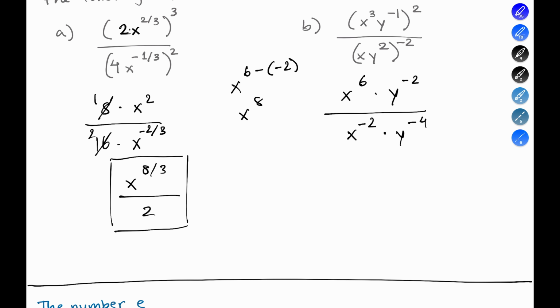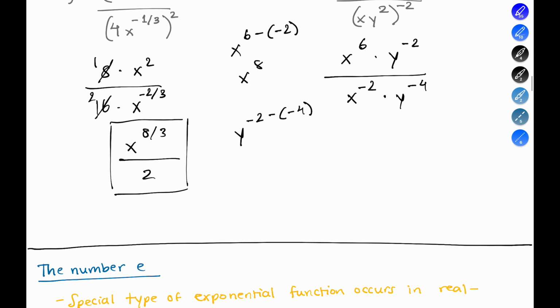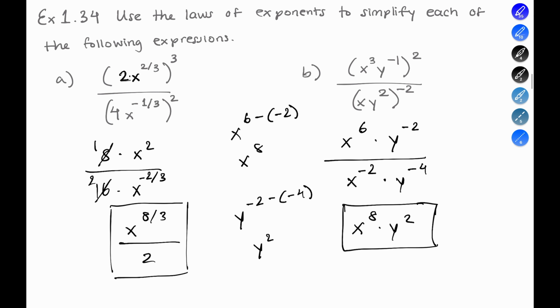And then for the y's, it will become y to the power of negative 2 minus negative 4. And that is just equal to y to the power of 2. So our final answer will be x to the power of 8 times y to the power of 2. And that now completes this problem.